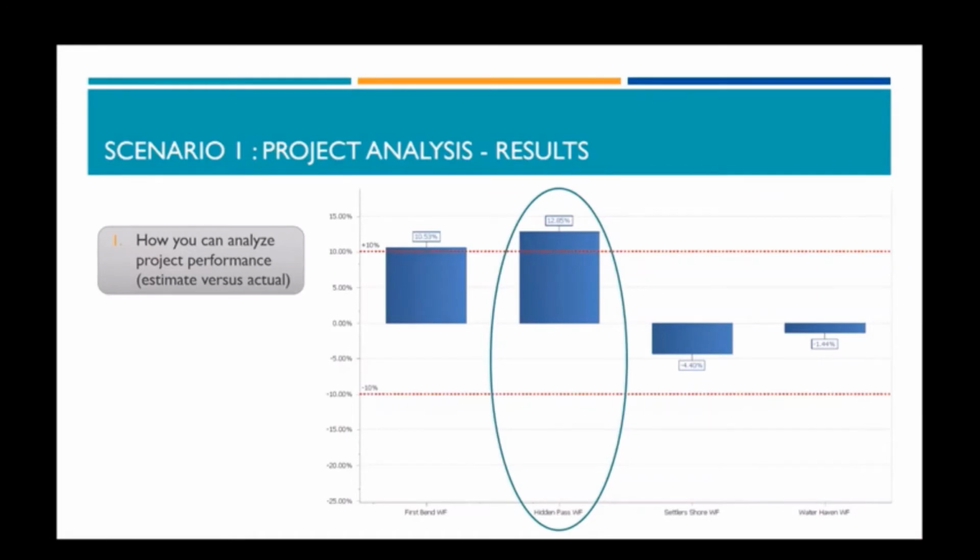Okay, the actuals were less than the estimates on 2 of the 4 projects and above on the other 2. The Hidden Pass project warrants looking into further as the actuals exceeded our Class 1 estimate by nearly 13%, and they fell outside of our 10% band. That's the one that obviously stands out there.